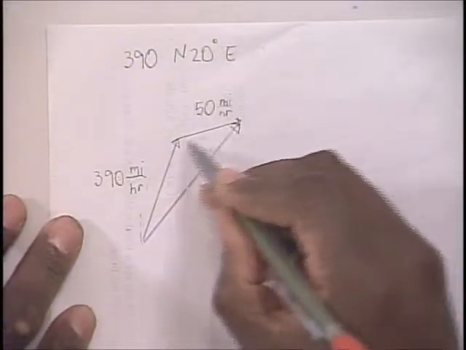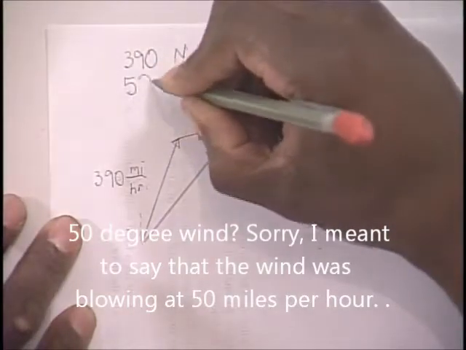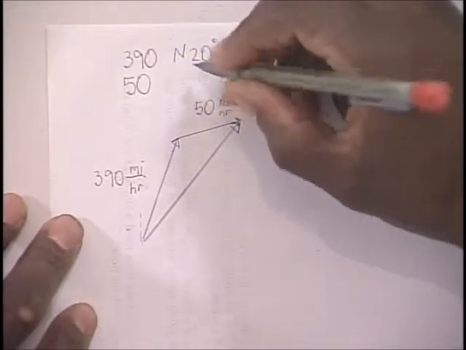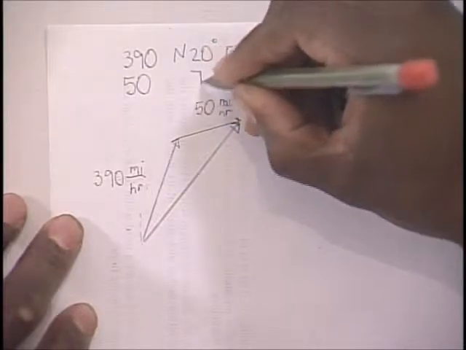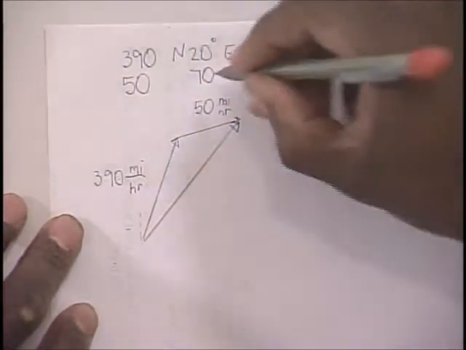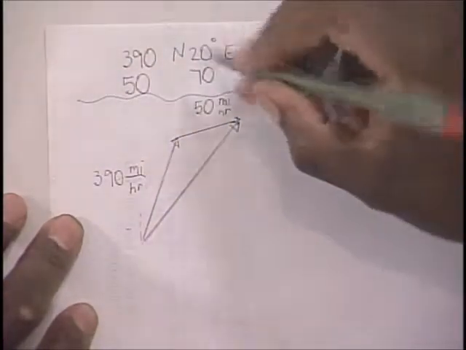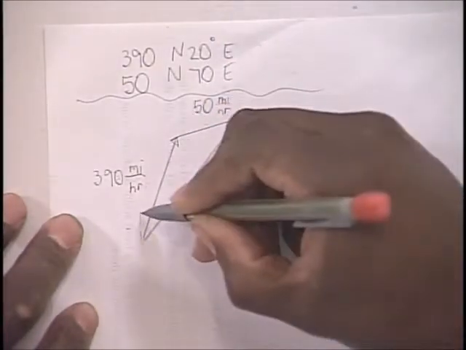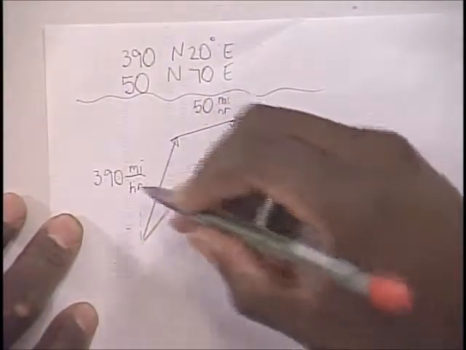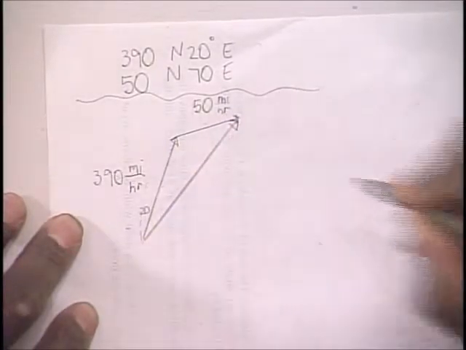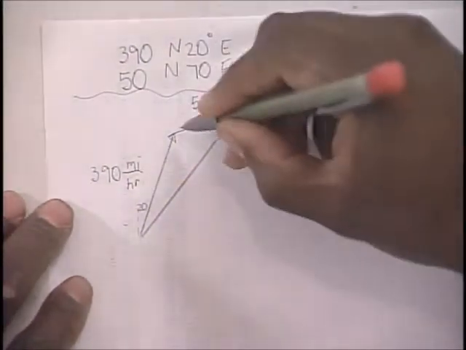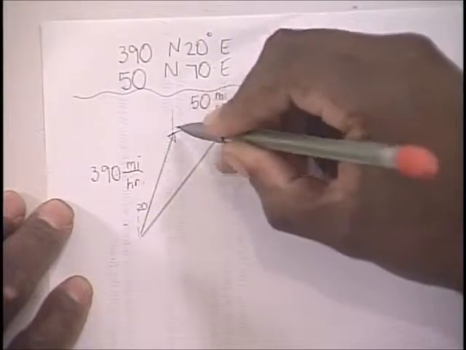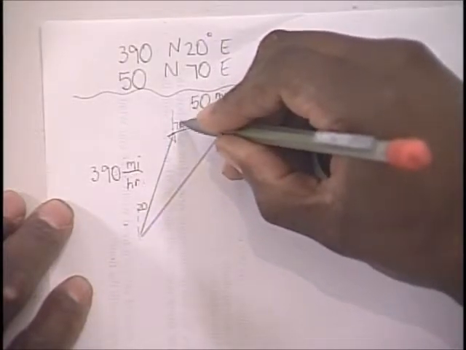And let's say this 50 mile per hour gust of wind is traveling at 70 degrees east of north. So this is 20 degrees, and this here is 70 degrees.